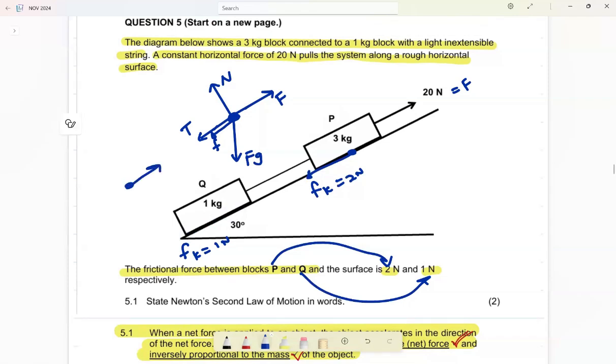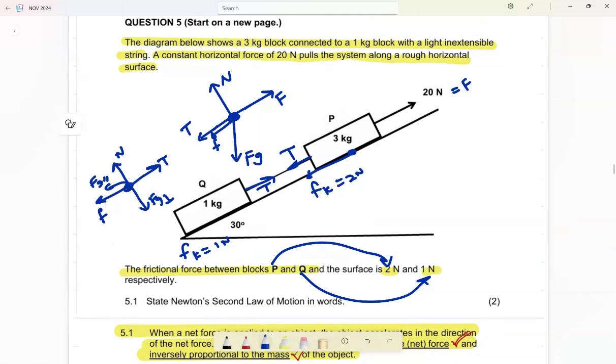It's going to be the tension in that way. Remember, I said if the tension is this way here, for this object it is that way. And then we have the friction, and then we just have our normal force. And then we have our Fg, which will be broken down into Fg perpendicular and Fg parallel.